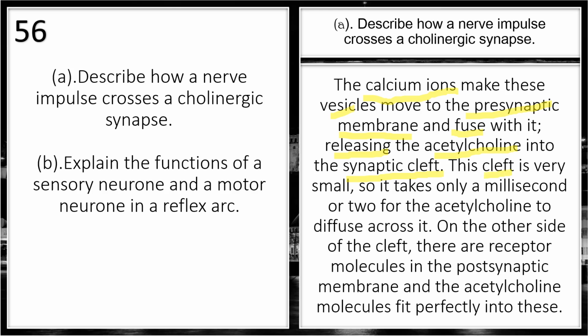The cleft is very small, so it takes only a millisecond or two for the acetylcholine to diffuse across it. On the other side of the cleft, there are receptor molecules in the postsynaptic membrane, and the acetylcholine molecules fit perfectly in these.